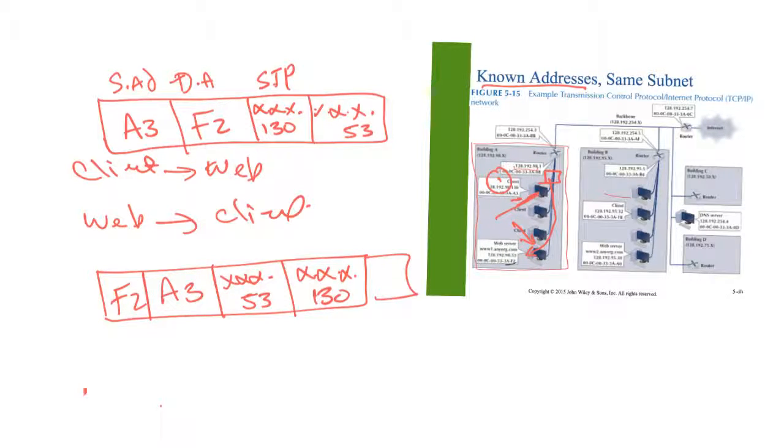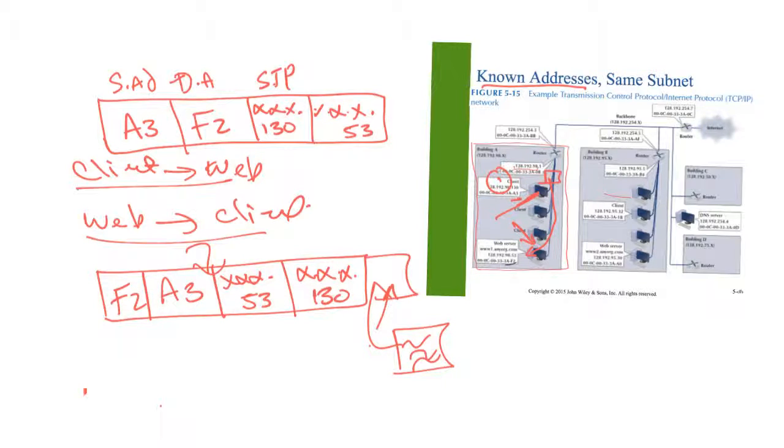Along with the data, which in this case is the actual information. So if you required a web message, that will be inside that message. And this is how the message translates from the client to the web server, and then the web server would respond back with the actual information. This is with known IP addresses and known MAC addresses, everything is known.